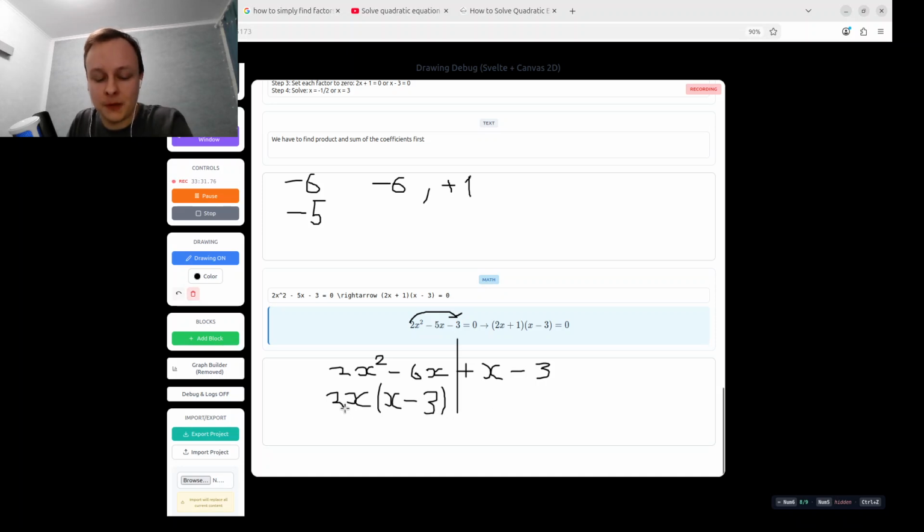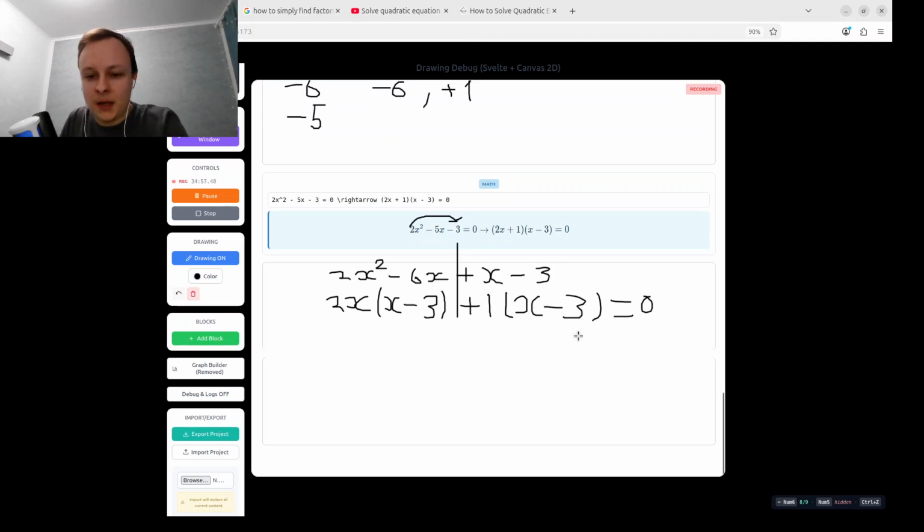This is how we factored 2x from this side, and here we can see that the common factor for these two terms is just 1. So we will just write plus 1 as a common factor of x minus 3 equals 0.